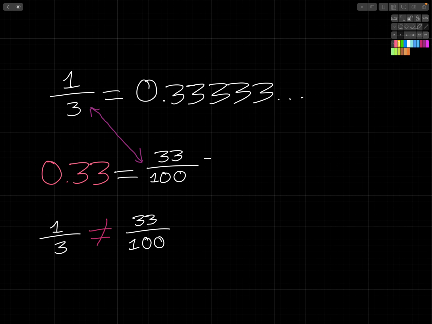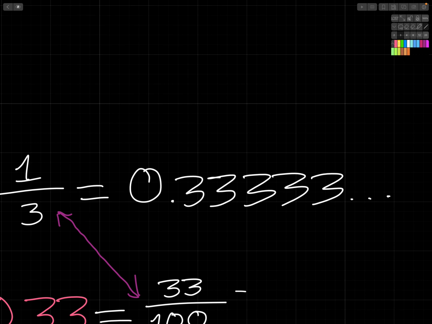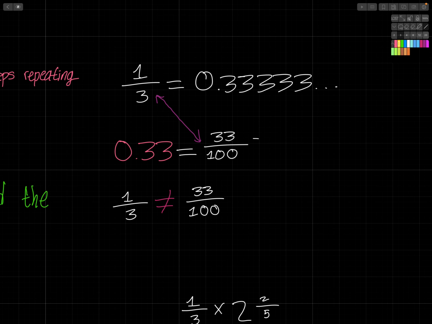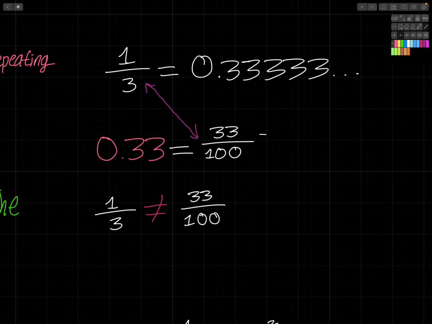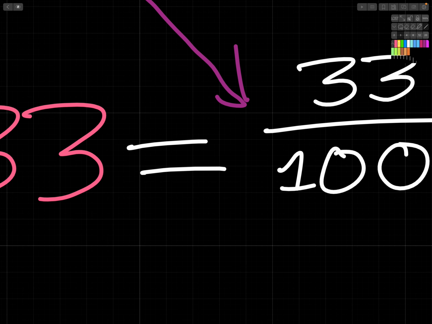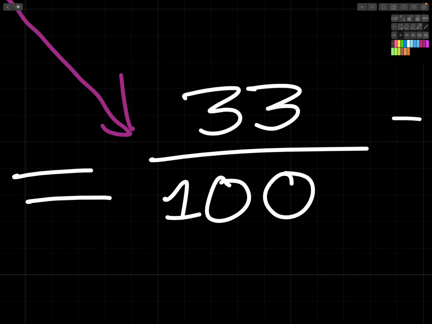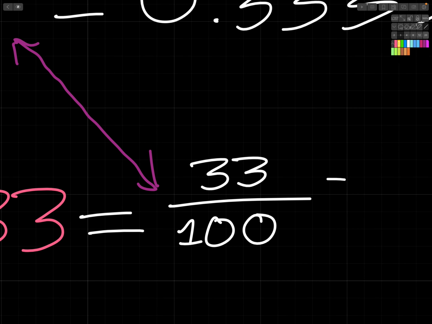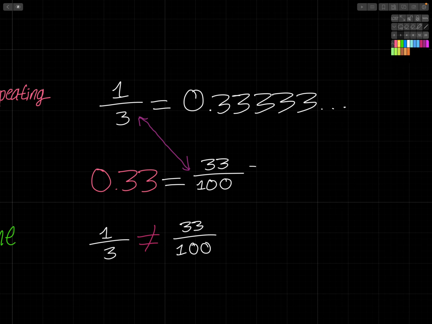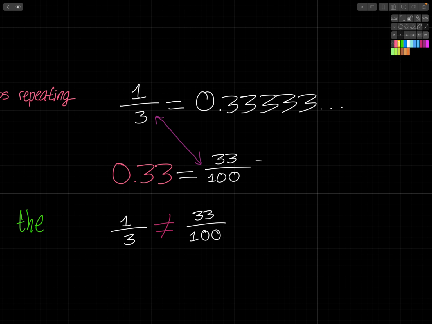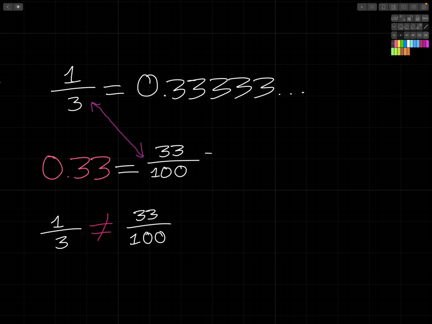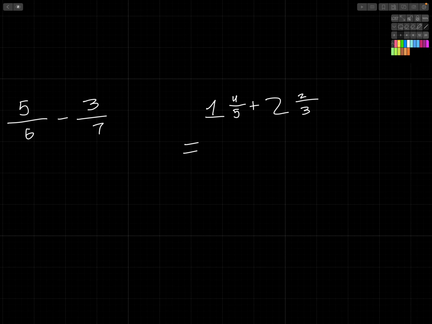And we can see this as 1 over 3 is 0.33333 infinitely, and 0.33 equals 33 over 100. And you see 33 over 100 and 1 over 3. They do not equal the same. They are not the same. So that's why we use fractions to preserve that number, that value.